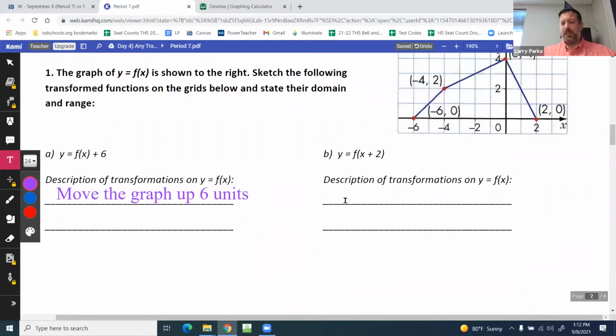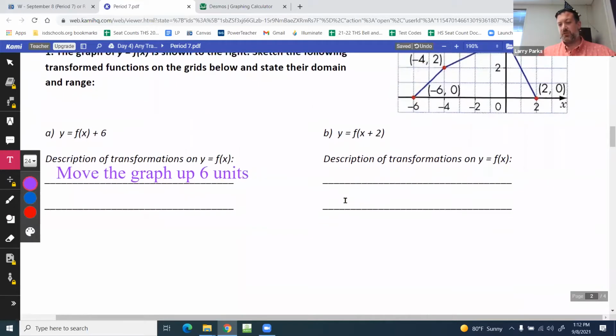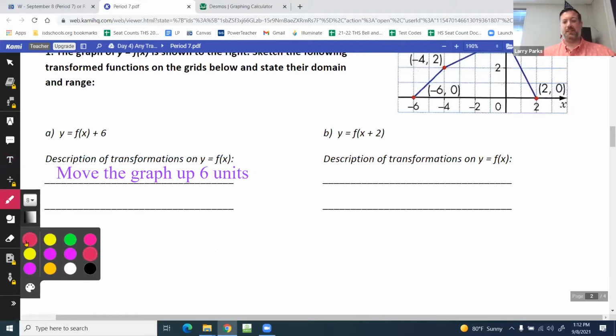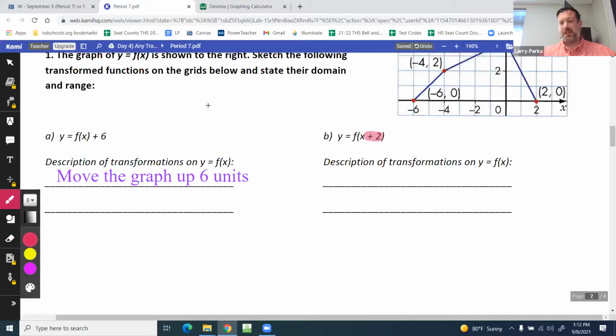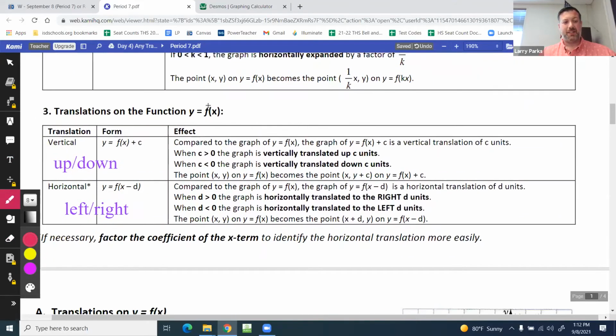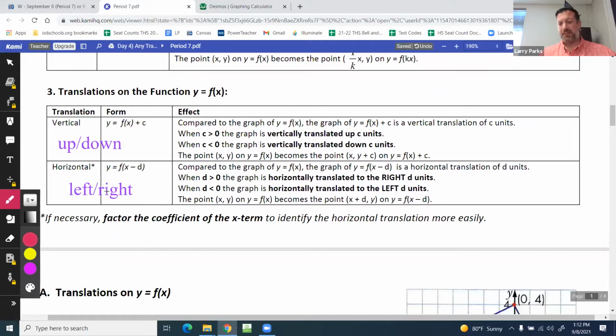All right, so on B, we have x plus 2. So remember, when it's plus 2 and it's inside the parentheses, that talks about left or right. When it's in the parentheses, it's left or right.